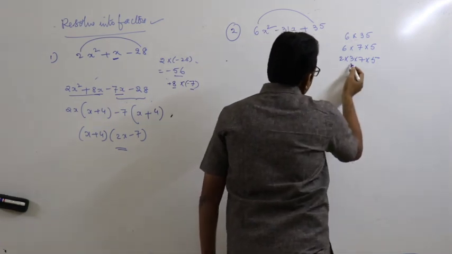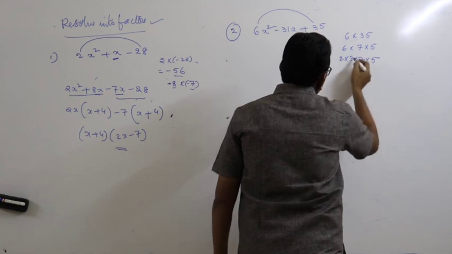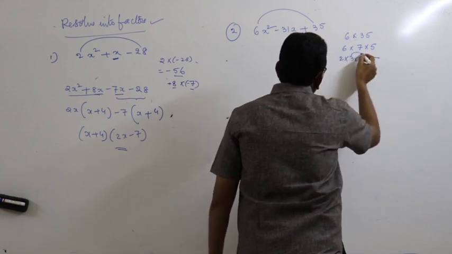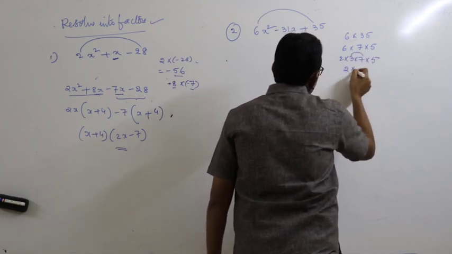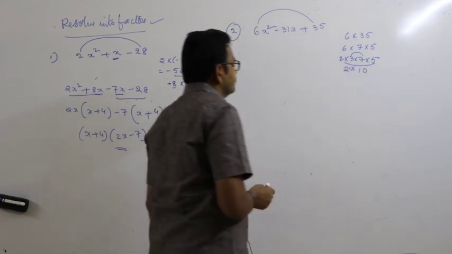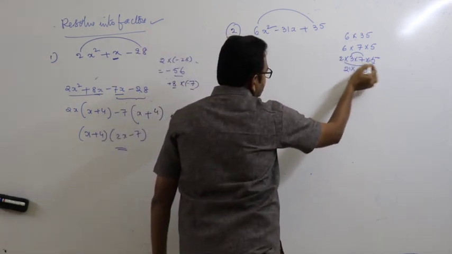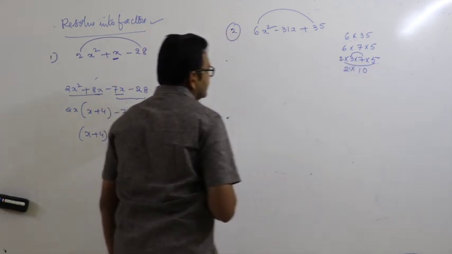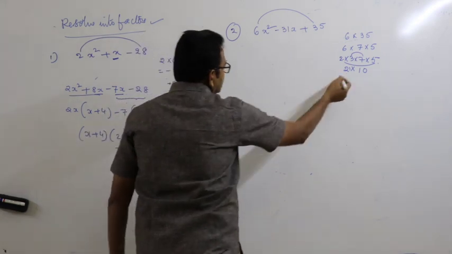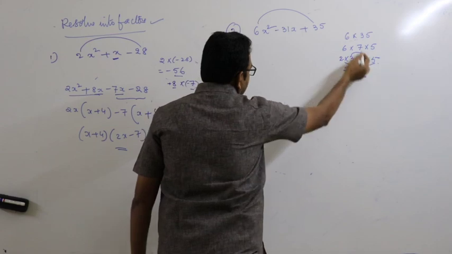So here this is 21 into 10. 3 into 7 is 21, and 2 into 5 is 10. So the sum of the two factors is 31 and the product is the same as this.